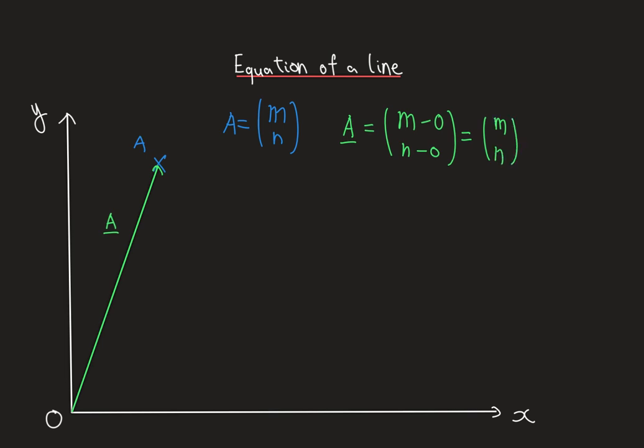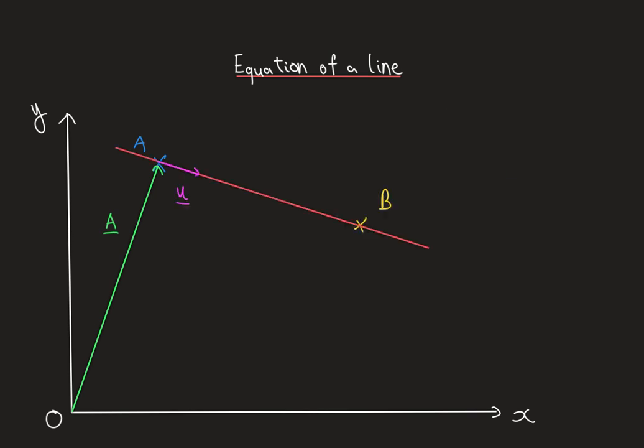And what we see here is that our position vector has the same coordinates as our point, which obviously makes sense. And now it's important to note that later on we will be using position vectors rather than points.